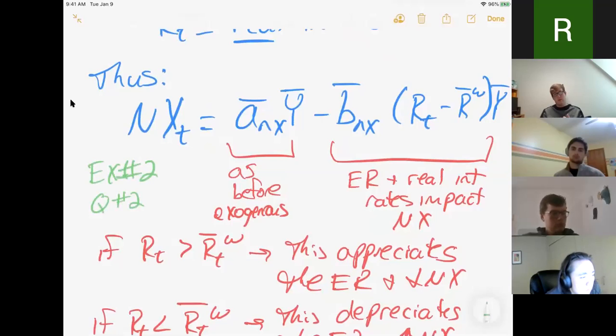Well, now I'm asking you, this is essentially the same setup. Now it's net exports that are based on interest rates, right? It's very similar to that same setup where now interest rates don't just impact investment, interest rates impact net exports.